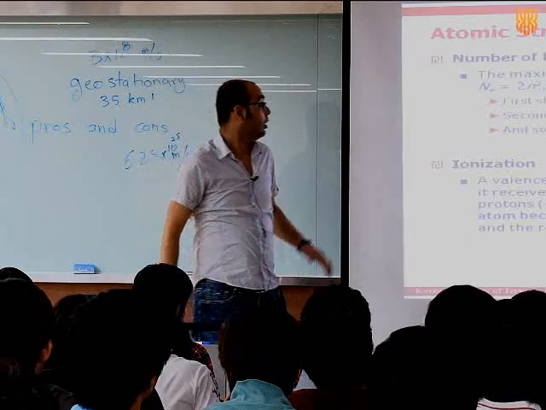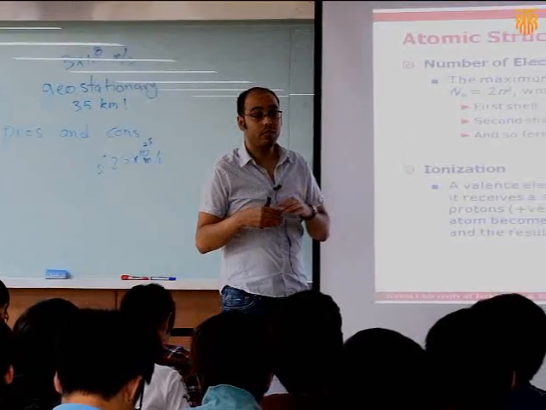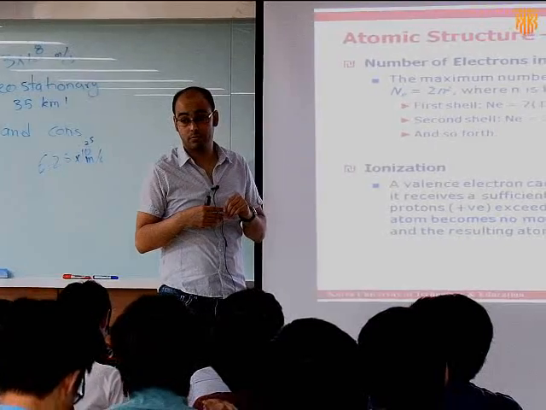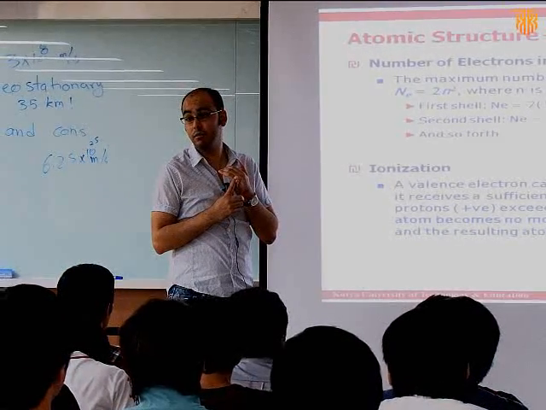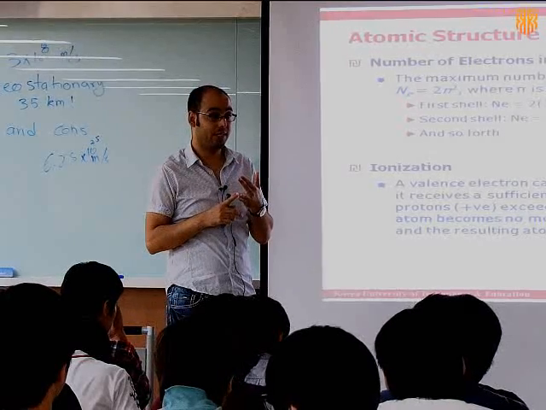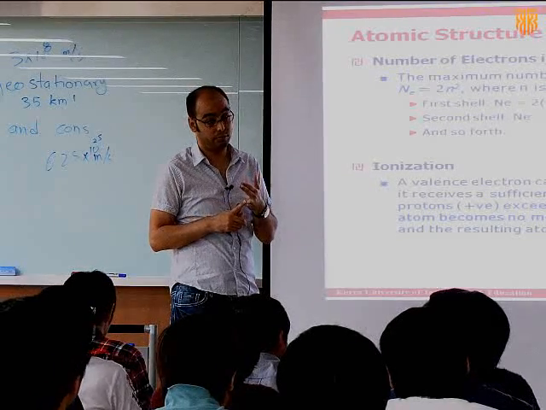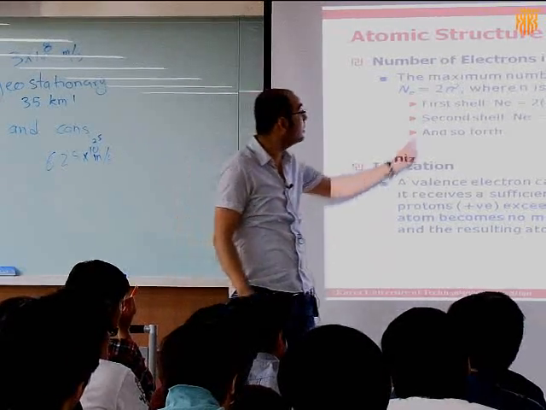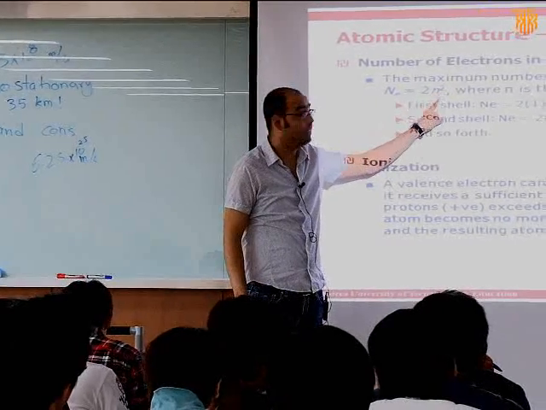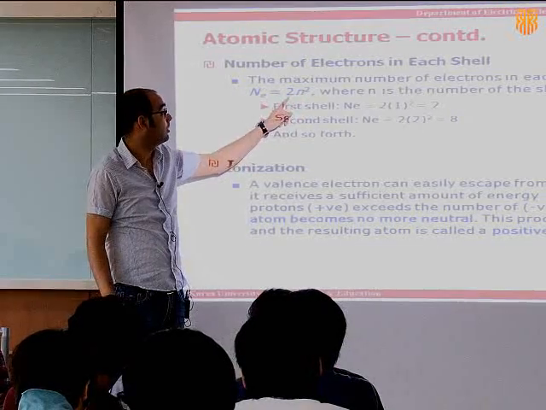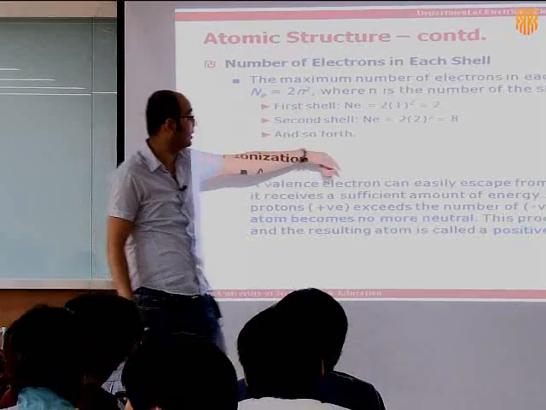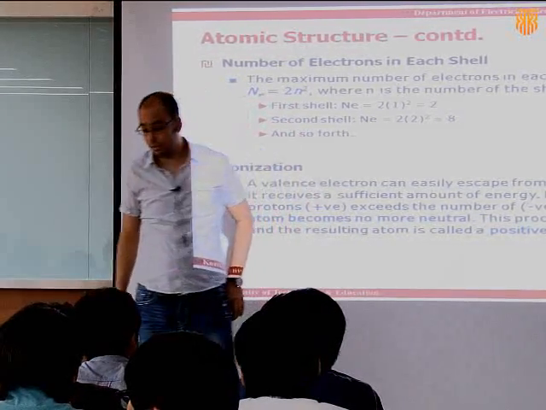Okay. So in each shell, what is the number of electrons? In the first shell, how many electrons do we have? 2. In the second? 8. Third, and so on. So the number is 2n square, and n is the shell number, okay?